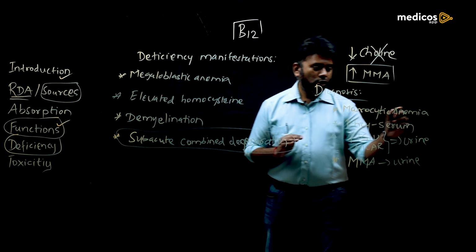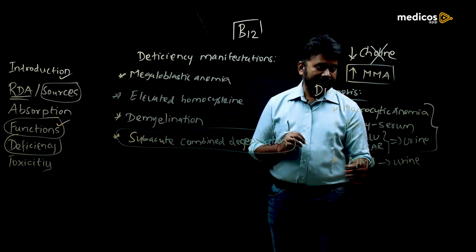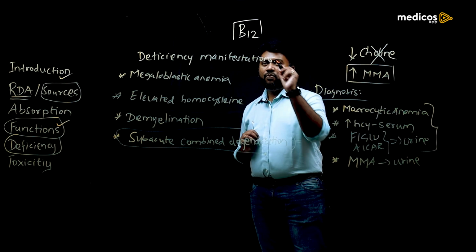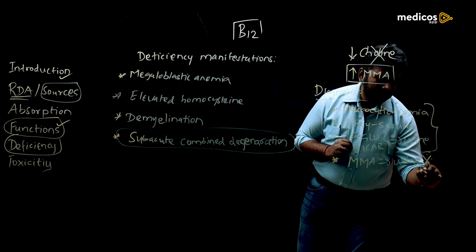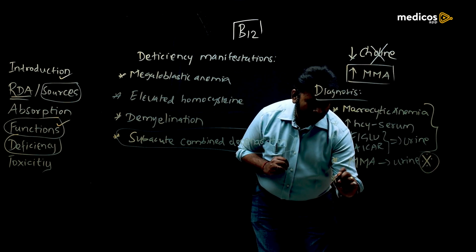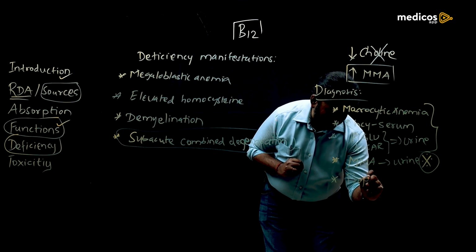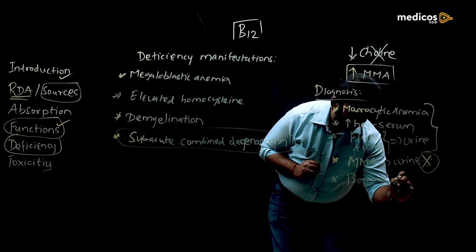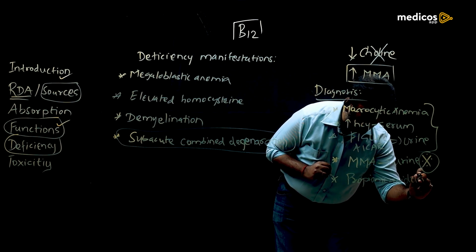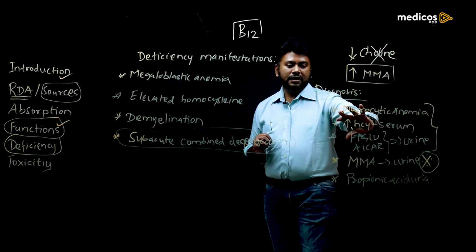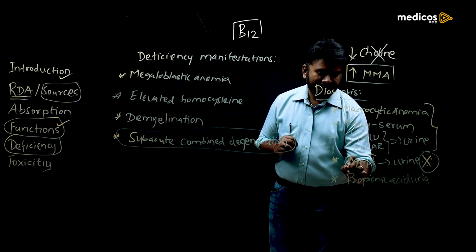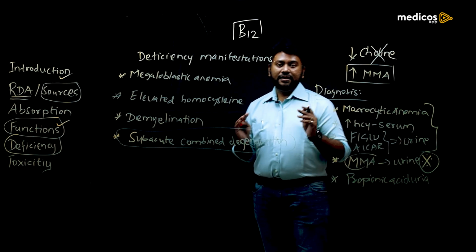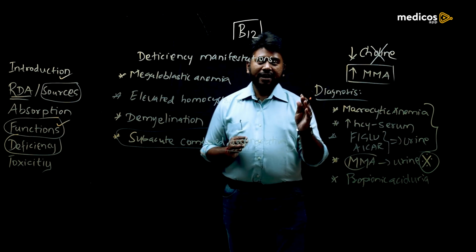In folic acid deficiency you will see all the other findings except this MMA. Whereas in B12 deficiency along with this you will also get methylmalonic acid and sometimes even propionic aciduria will be there. So when the patients have the diagnostic features of folic acid deficiency along with methylmalonic acid and propionic acid in the urine, then you can make the diagnosis as B12 deficiency.